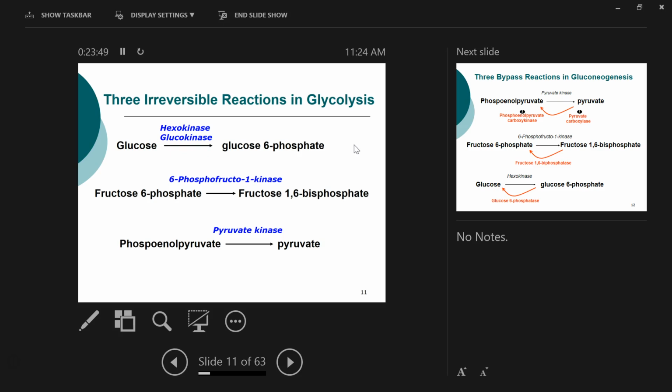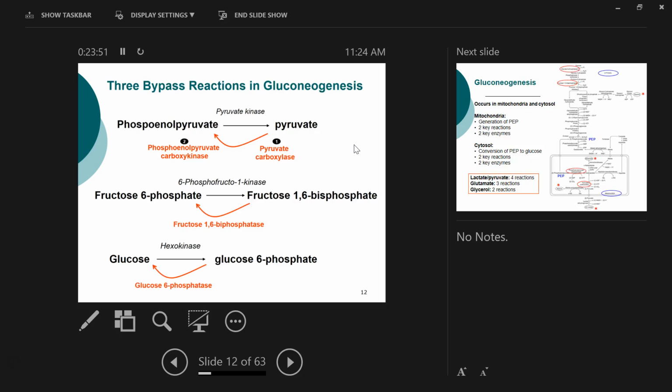So in gluconeogenesis, we need a different set of enzymes to catalyze the opposite reaction for these three key reactions, right? Does that make sense? So if I just do the opposite reaction, for example, I'll go to the top one.